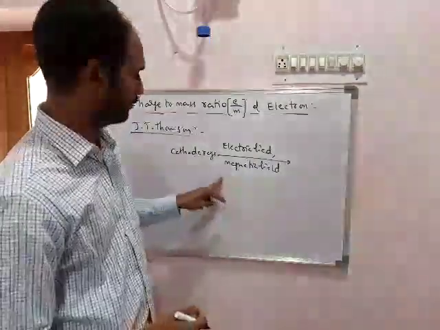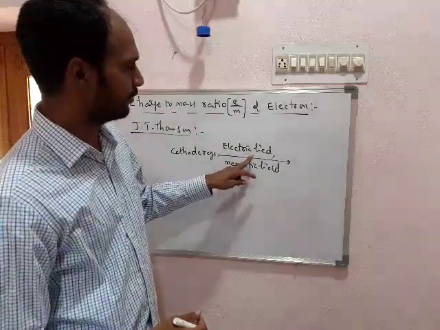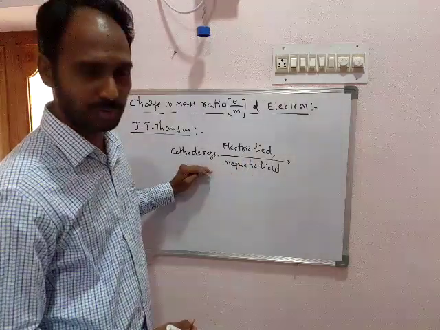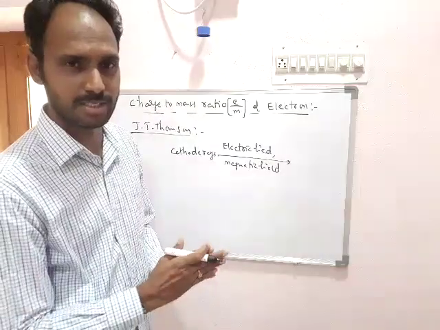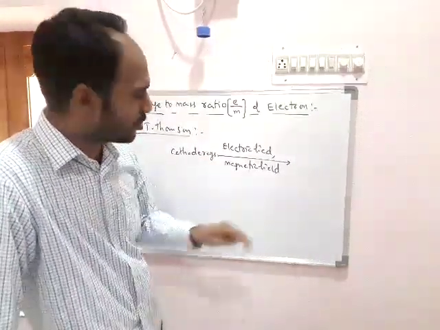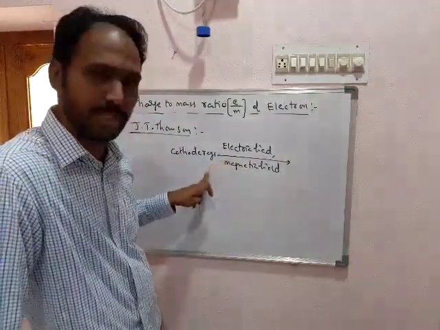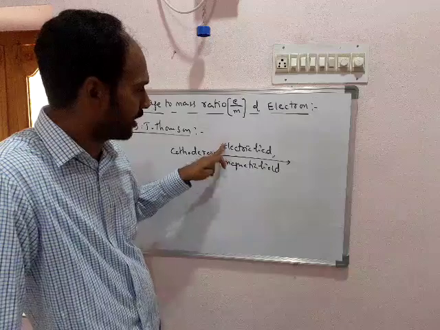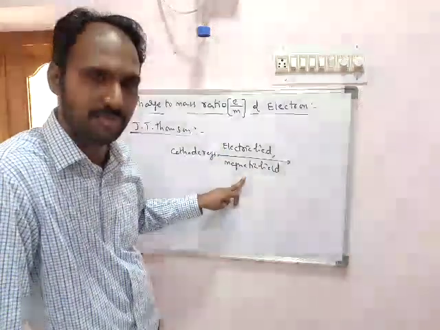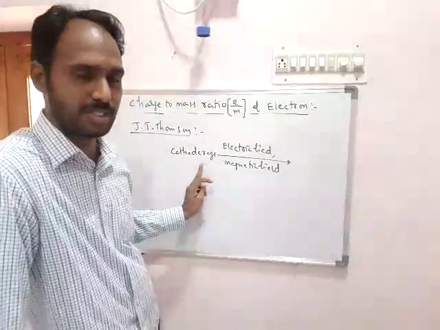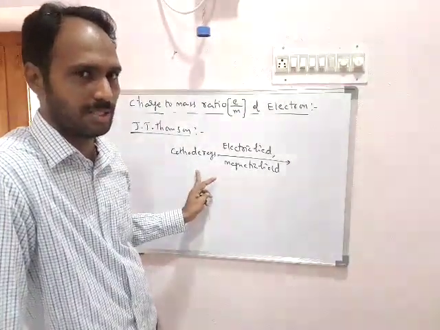Already we know that without an electric field or magnetic field, there is no deflection in the cathode rays. Deflection means a change in direction and angle. In the absence of an electric field and magnetic field, there is no deflection. In the presence of an electric field or magnetic field, deflection takes place in cathode rays, which consist of electrons.